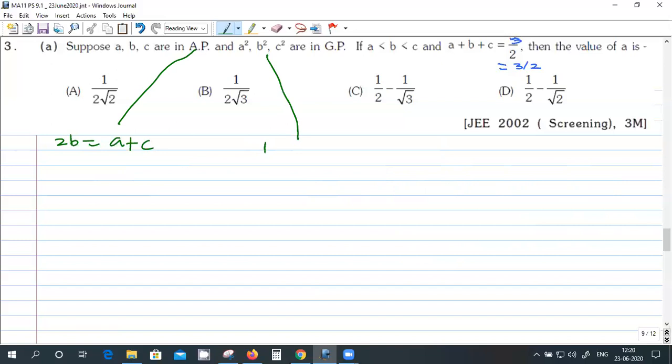And this thing means B square by A square equal to C square by B square. Is it clear? Yes, sir. And A plus C I can write as 3 by 2 minus B. So 3B equals 3 by 2, B is half.